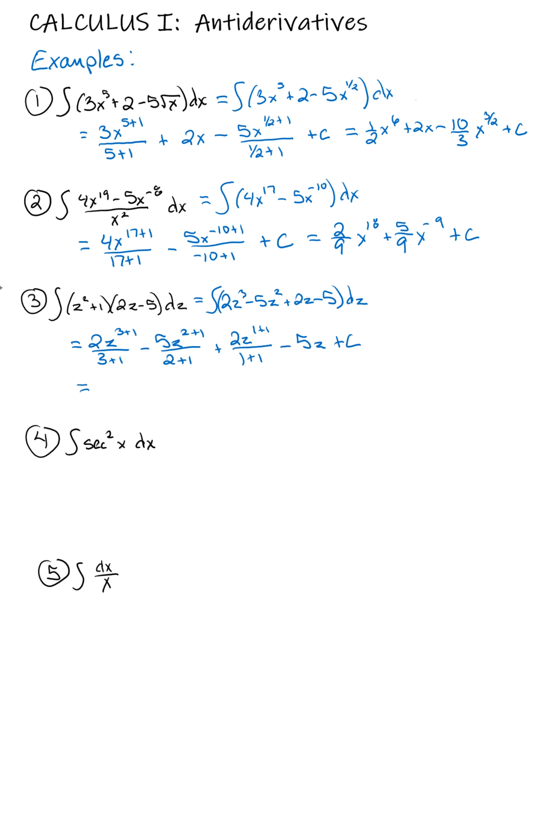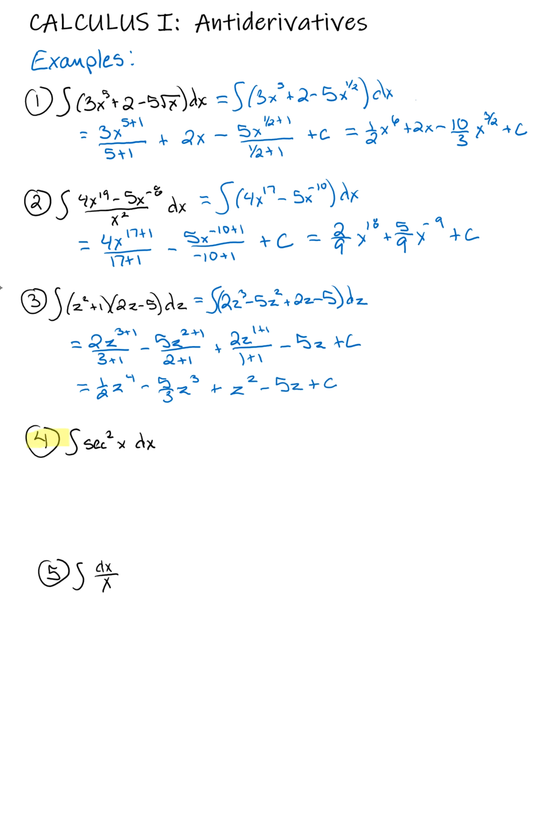Now this all simplifies. 2 over 4 is 1/2 z to the 4th minus 5/3 z cubed. 2 over 2 gives us just 1 z squared minus 5z plus our constant.